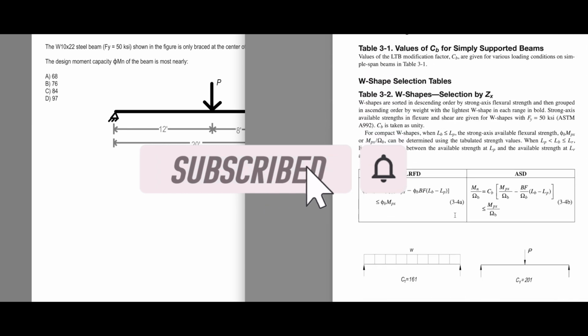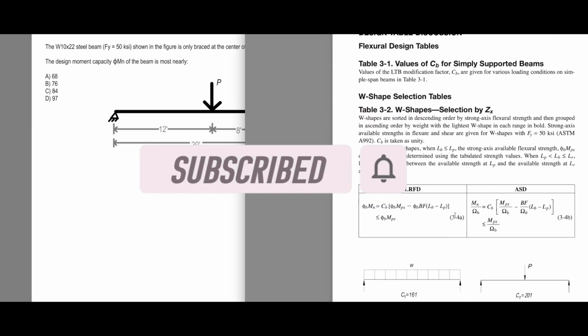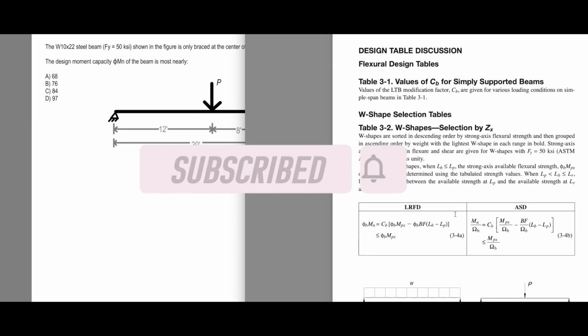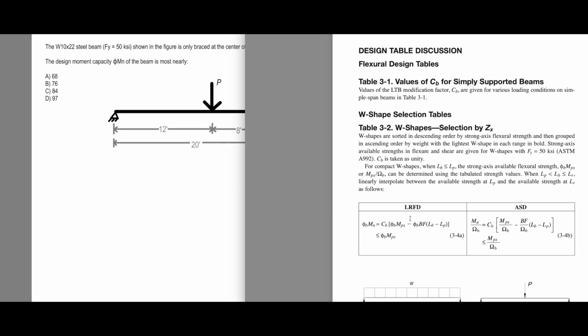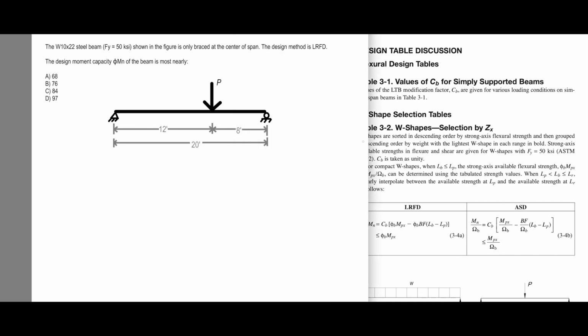And we're going to find a very important equation, right? Phi Mn, equation 3-4a. Now, I would almost strongly suggest that you memorize this because it's going to come up over and over again. And that equation is going to be popping up on the screen right here.